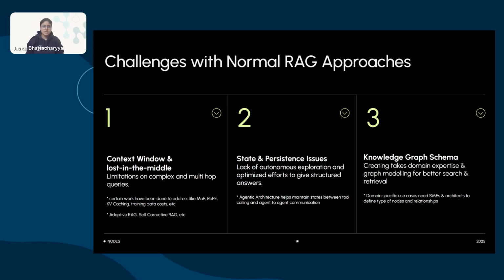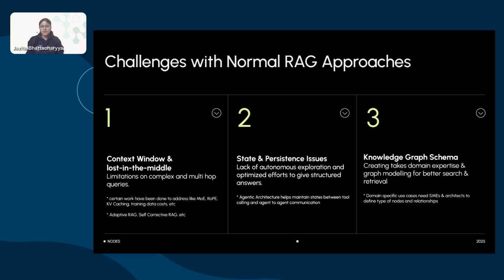These have been overcome in some way or the other, like KV caching and other RAG methods that you can implement, like adaptive RAG or corrective RAG. Agentic ways have also been implemented to overcome this, and maybe batch your processes.